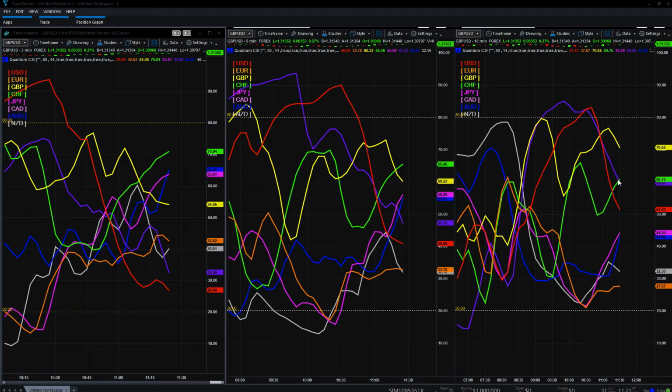So the currency strength indicator not only tells you which pairs to consider, which pairs to pick out of your chosen time window, it also tells you which pairs are not worth considering right now because they are traveling in the same direction. As I said in a previous video, when you get a currency, you can see here the euro really is going nowhere at the moment. It's just going sideways here.